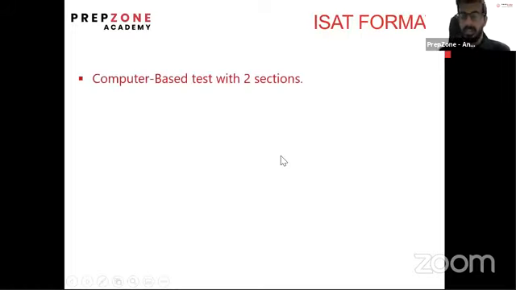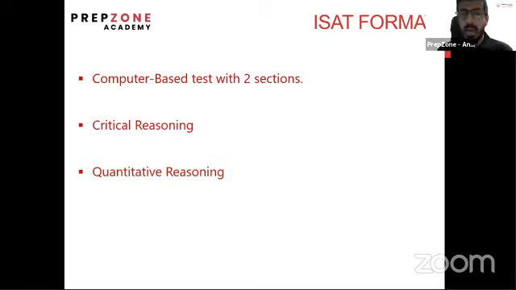Now, exam format, as I mentioned, ISAT is basically a computer-based test, and it has 2 sections, critical reasoning and quantitative reasoning. I will be going through a few questions so that everyone has an idea of what type of questions are tested in both. As the name suggests, it is more to do with your aptitudes and skills.